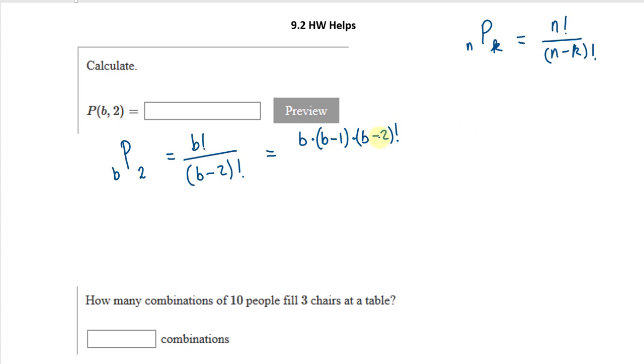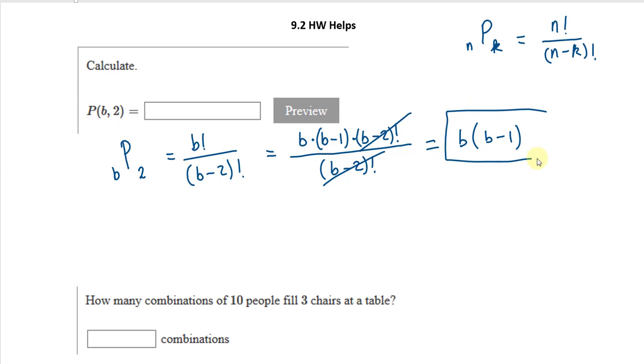The reason I stop there is that I have the same factor b minus 2 factorial on the bottom, so they cancel out. So I have b times b minus 1, and that is the simplified answer for this problem.